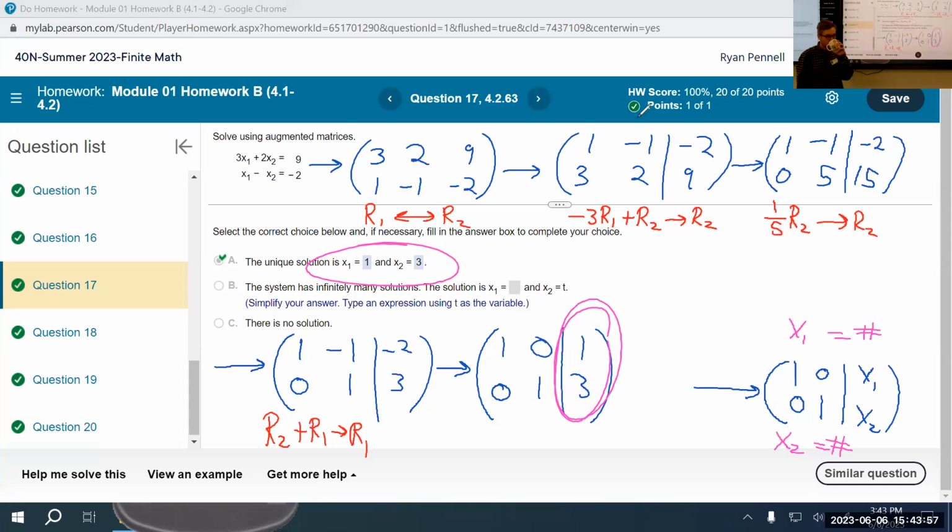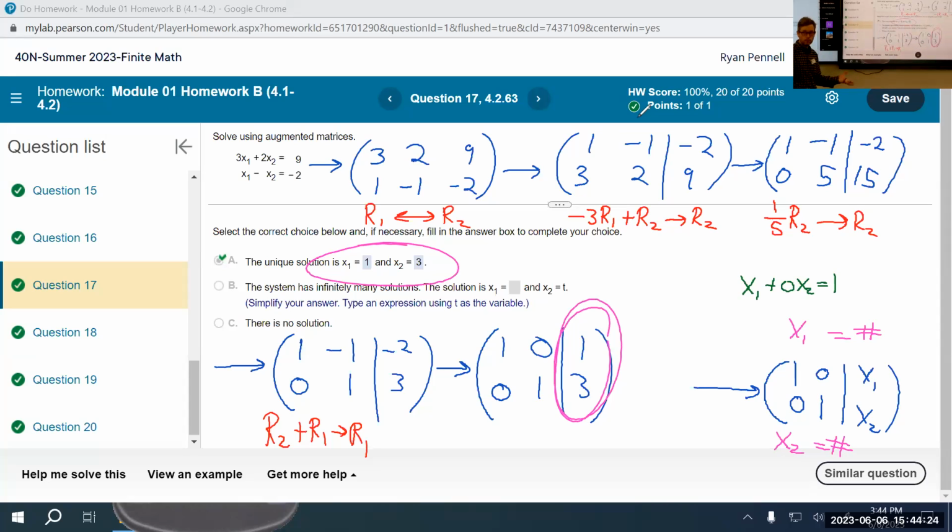Why is it 1 0 1? If you turn that back into an equation, that's x1 plus 0 x2 equals, and we found that equaled 1.